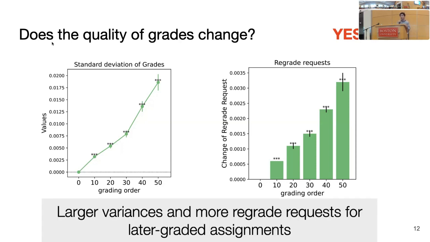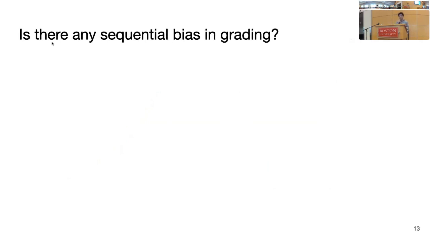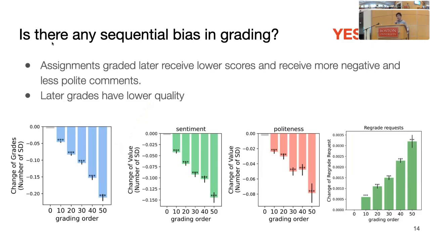So we do see that the quality of grades is becoming worse for later graded assignments. Just to summarize, is there any sequential bias in grading? Yes. We see that assignments graded later in the sequence are receiving lower scores, more negative comments and less applied comments, and the later grades have lower quality, as suggested by the variance of grades as well as student regrade requests.